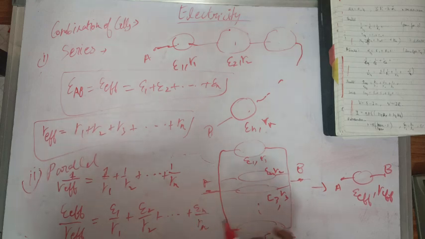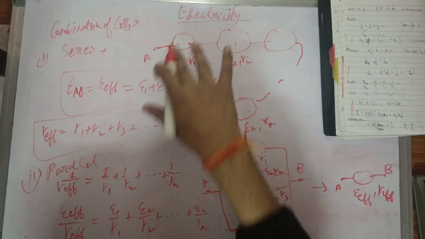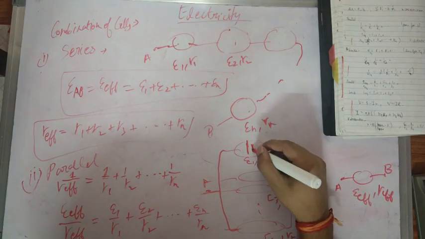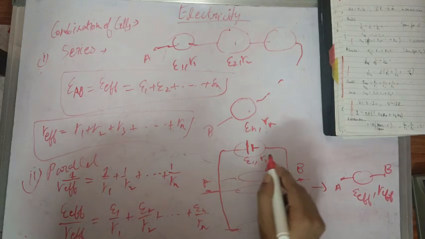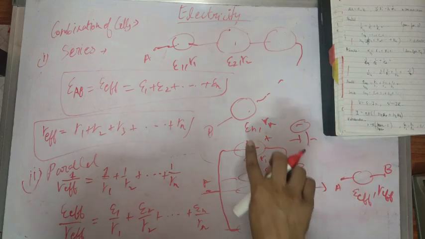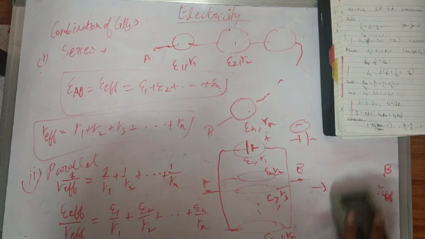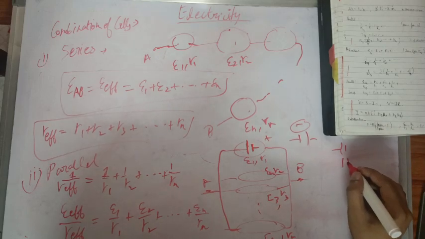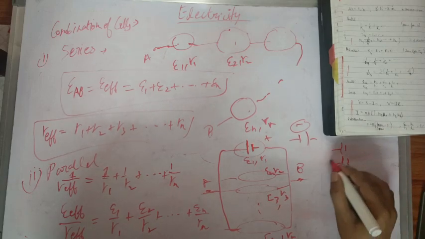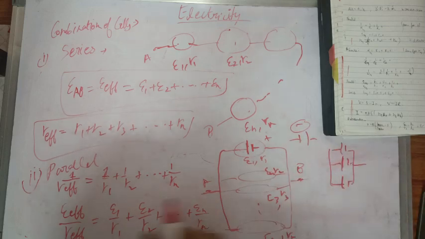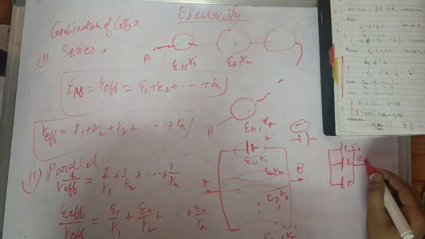Now one important thing here is that, similarly like in the previous case, I have to take one arrangement as positive and the other arrangement as negative. Let's take an example. Let's say there are 3 cells arranged like this, E1, E2 and E3.